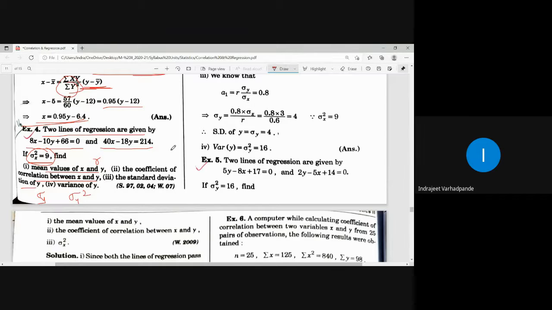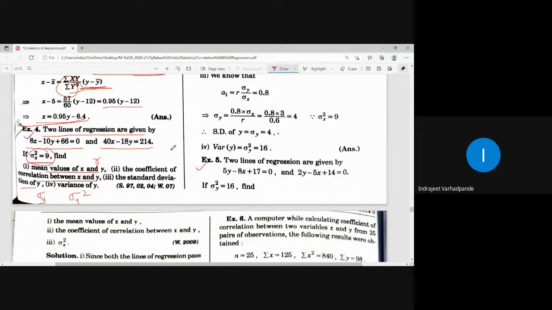But from these two given lines of regression, how do we identify which must be the regression line y on x and which must be the regression line x on y? The thumb rule is, by observation, to determine which line is regression line x on y and which is y on x.